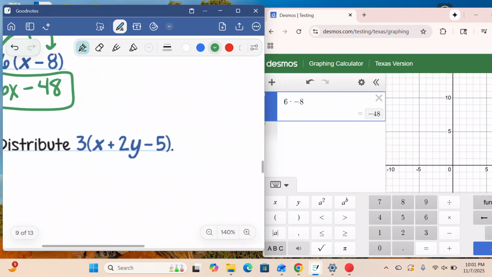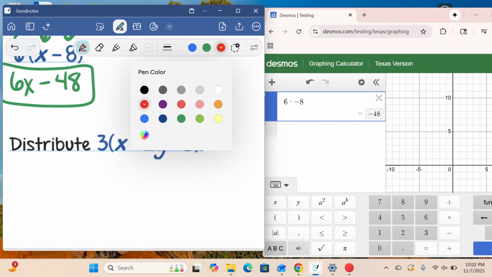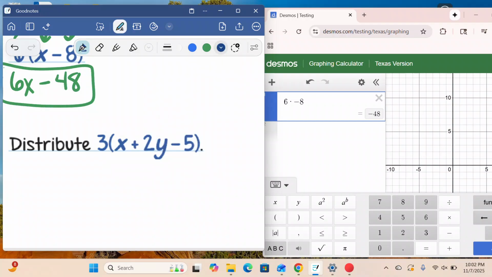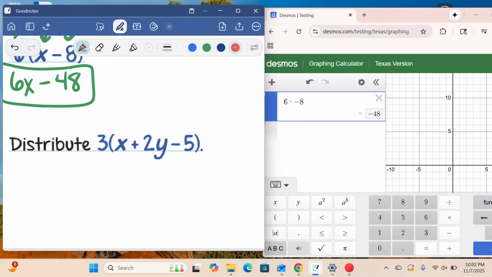Now I'm going to go a little bit further, and now I'm going to distribute into 3 terms. So I'm going to do 1, 1, and another one. I am going to do this one in a darker color, maybe a beige or a light red.